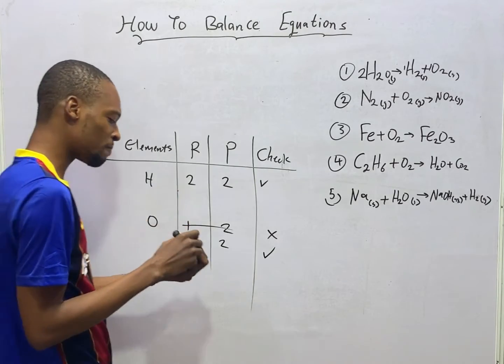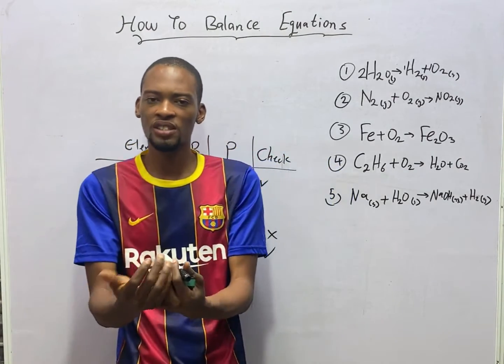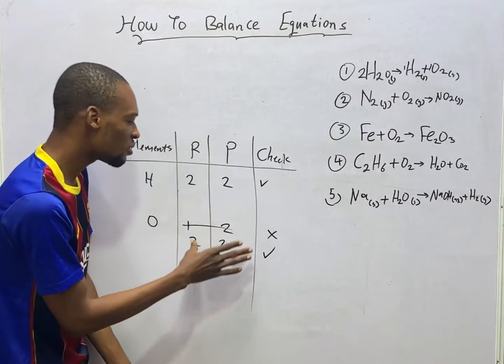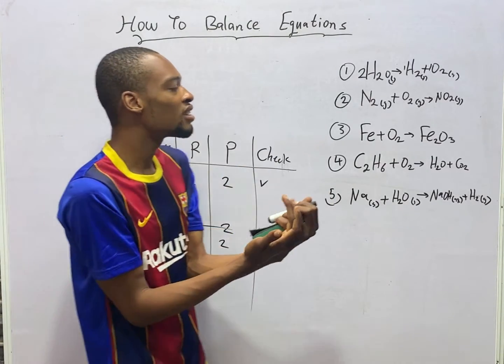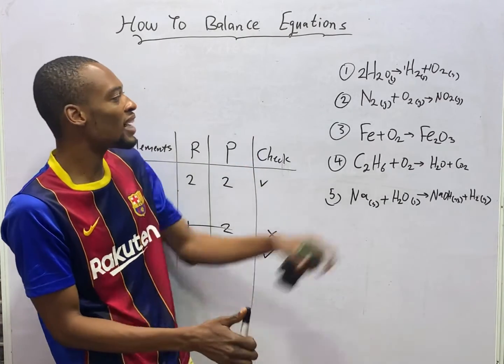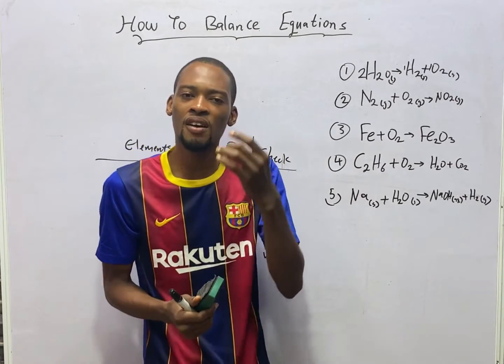But there is a problem. Remember, trying to balance oxygen, we added some numbers. So you don't need to balance only oxygen and forget. You need to check the equation whether the other part is balanced. Is hydrogen balanced? Because you added a number to hydrogen. So this number can actually affect hydrogen.